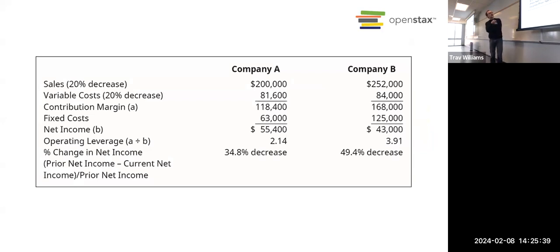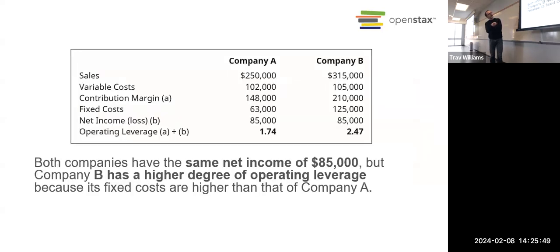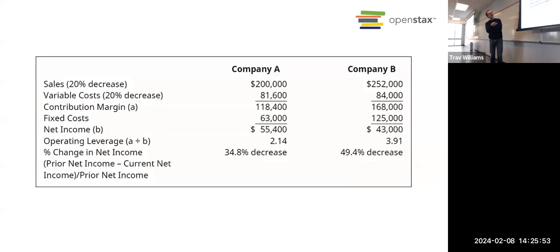Okay, so there's a 20% decrease in sales. Both companies experienced that 20% decrease. These are the same companies we're just looking at. So company A went from $250,000 down to $200,000, a 20% decrease.